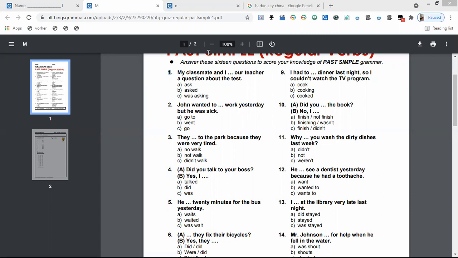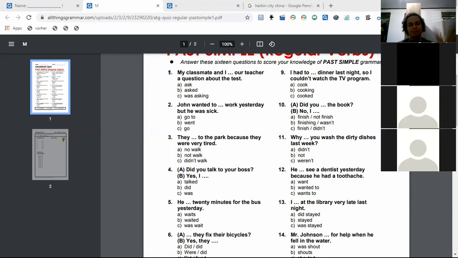What about Arya? Arya, give me one example of irregular verbs. Eight... That one is Anya's example.